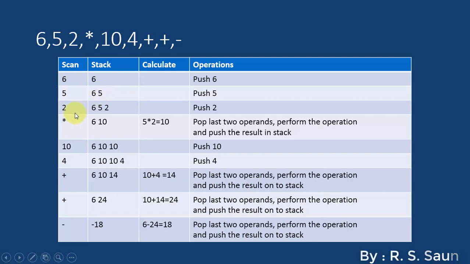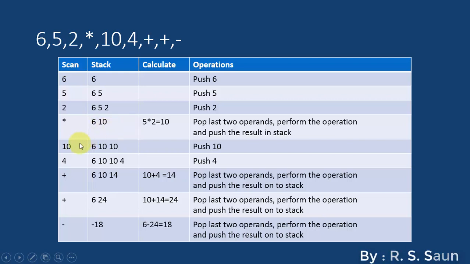Then 2, same, we are going to push it to the stack, and then we have found a multiplication, and here it is a binary operator, so we have to pop 2 operands and perform the operation. So 5 multiplied by 2 is equal to 10, and the result is pushed back to our stack. So my stack status becomes 6 and 10.